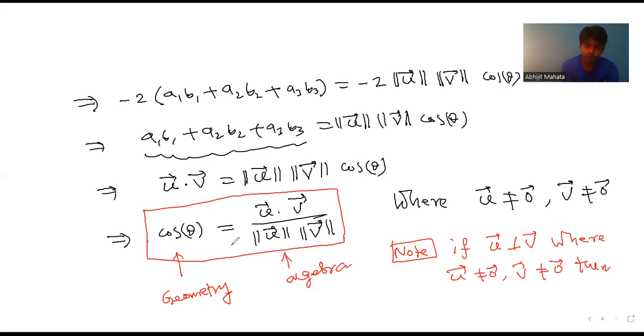If you put it in this formula, perpendicular means the angle between the two vectors, theta, equals 90 degrees. So the dot product will become 0. And the converse is also true: if you have two non-zero vectors, then they are perpendicular if the dot product is 0. Because this side is determined by the angle, and this side is by the definition of dot product. Both are equal.